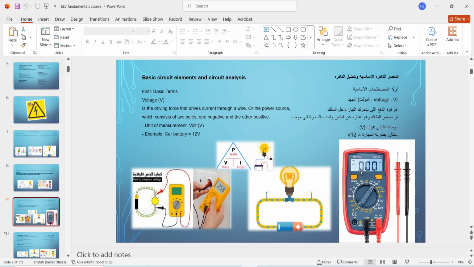We use this device, the multimeter or voltmeter, to measure the voltage. How do we use this device? We connect one end to the positive and one end to the negative terminal. The red one with the positive and the black one with the negative. So that was simply the volt.